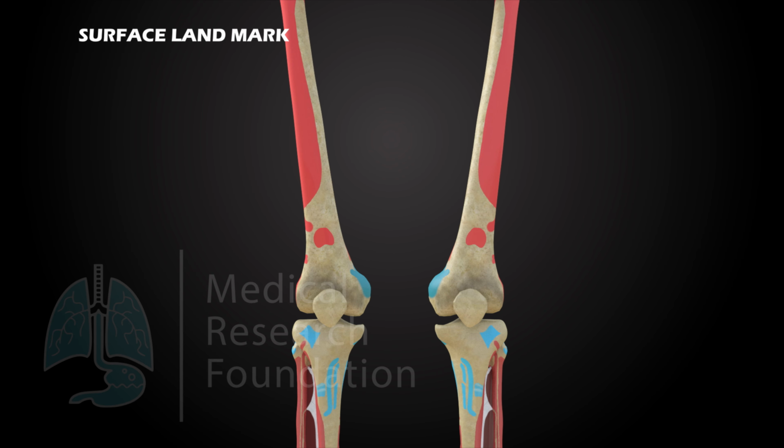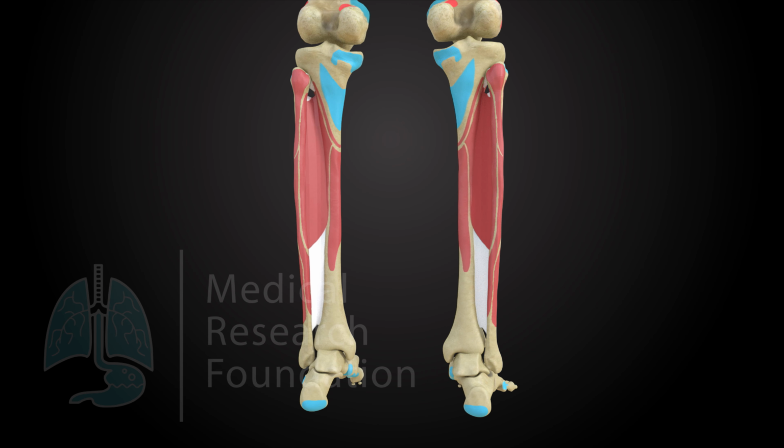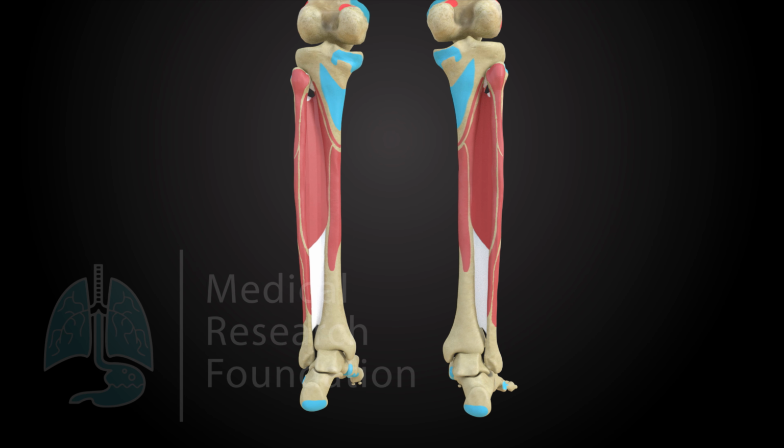Surface landmark. The bony framework of the posterior compartment of leg is formed by the posterior aspects of the tibia and fibula, which are joined to each other by the interosseous membrane. The bony framework of the leg is seen from behind, the tibia and fibula.